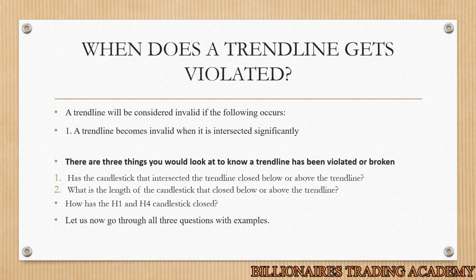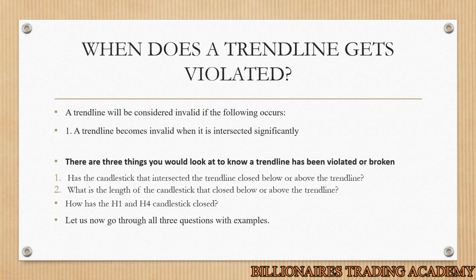Okay. So a break of a trend line is when a trend line is broken and it cannot be used anymore, right? So when a trend line is broken, then we know it is now violated and can no longer be used.